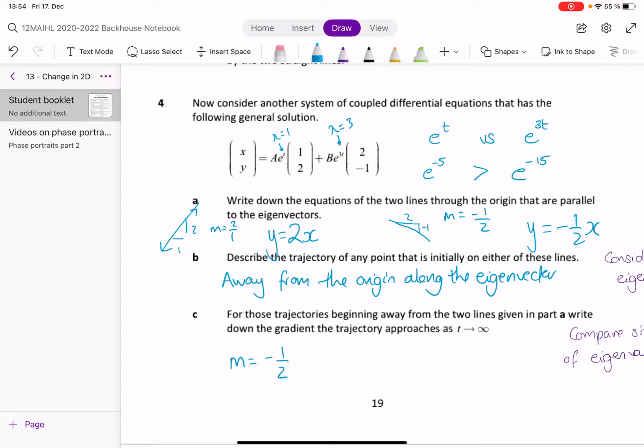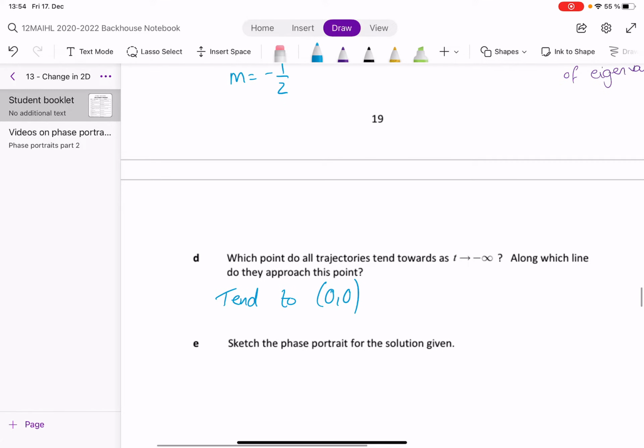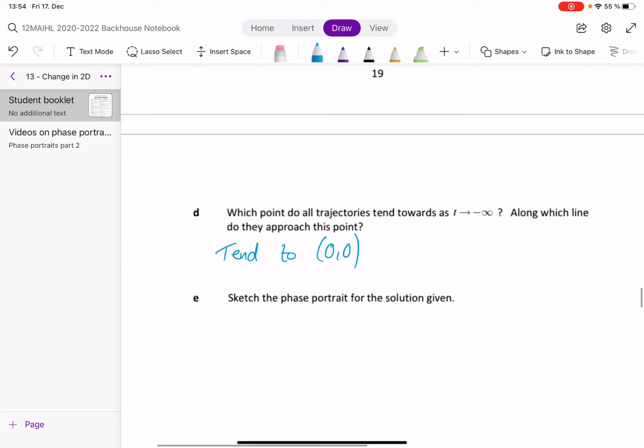So the first part is going to become the more dominant of those two. And the eigenvector that goes with that, 1, 2, is going to be the one that they follow. So they're going to approach it along close to the line y equals 2x.